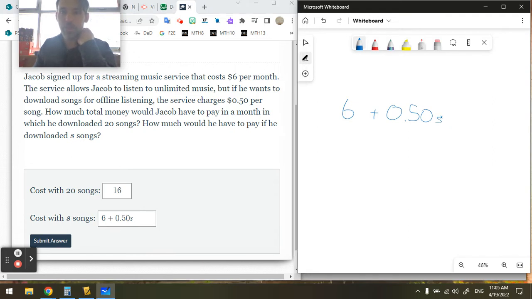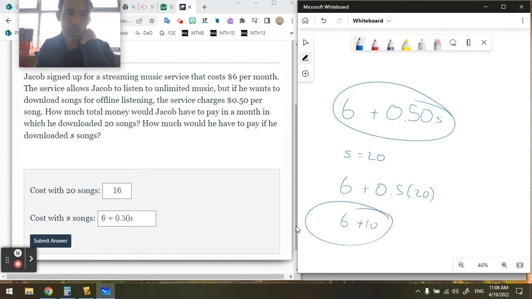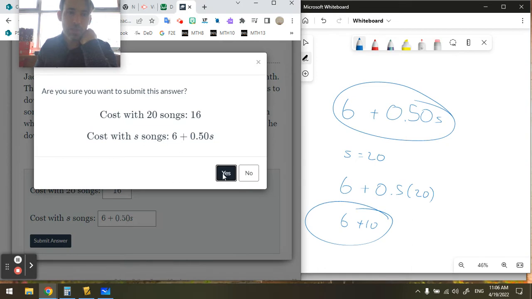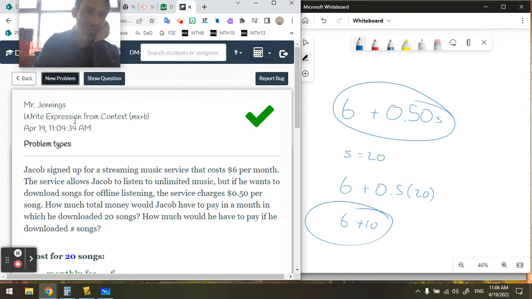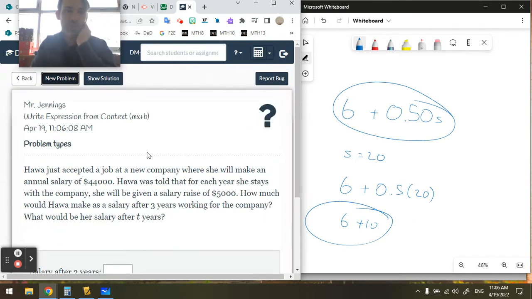Then I multiply that by the variable S. This is my equation. And then to find out when S is 20, like what if he downloads 20 songs, I just substitute in 6 plus 0.5 times 20. Well, half of 20 is 10, so this is 6 plus 10. That's how I do that. 6 plus 10, last time I checked, was 16. Hooray! Okay, let's do a few of these so I can show you a few examples.